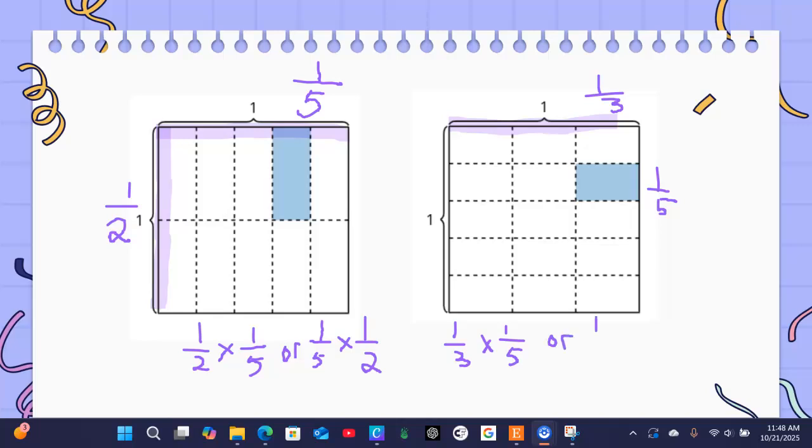It all depends on how you want to see it. 1/5 times 1/3. Because some of you might want to read the rows information first. So that's why you could write 1/5, and then you go to your columns, that would be 1/3.